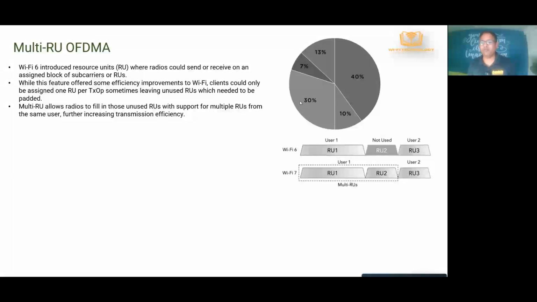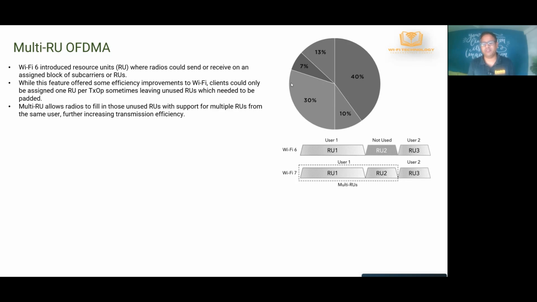What if I can pick two RUs? One 30% RU and one 7% RU. Now I have 37%, which is closer to the 35% I want, right? By allocating multiple RUs, especially the smaller RUs that are not going to be used by others, you're combining multiple RUs to get more options to use the exact amount of bandwidth that you need to transmit.